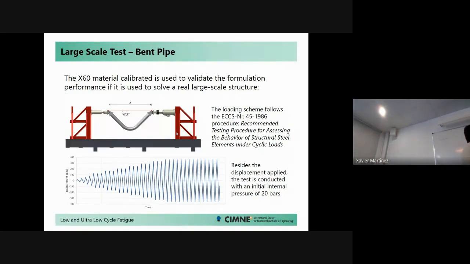And that's another example we have solved in the framework of a European project, where you have this pressurized pipe and you are applying this increase in amplitude. You've got, I think it was about 20-something cycles in which the amplitude was increasing, and then the load remains with a constant amplitude until it breaks.